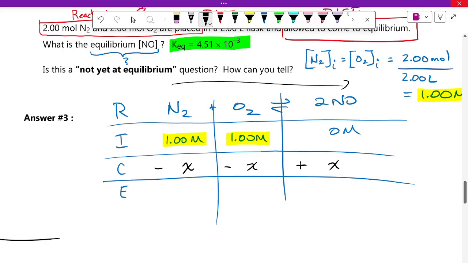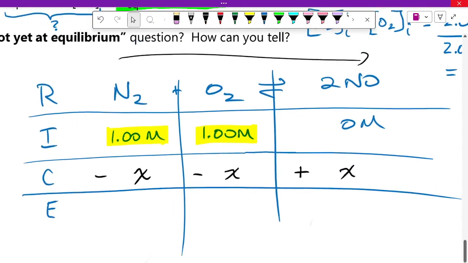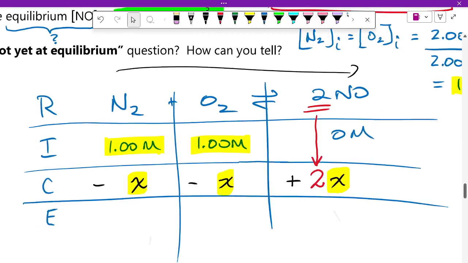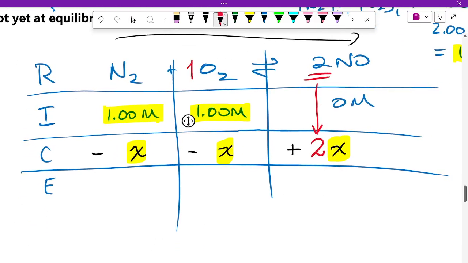Are we happy with my X's? Is the first X okay? Yeah. Second X okay? Yeah. Third X? No, because we've got this 2 here. It needs to go up by 2X, because there was 1 here.